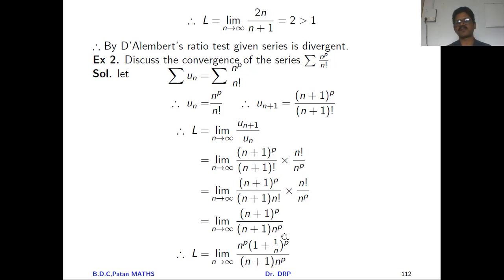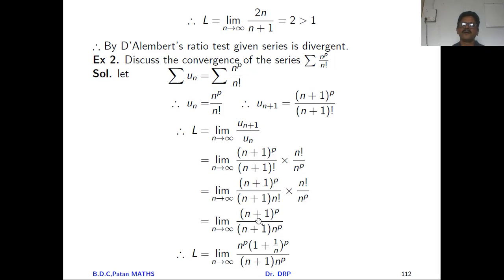Further, friends, we can write the limit as n tends to infinity. Something is wrong here, in my sense.